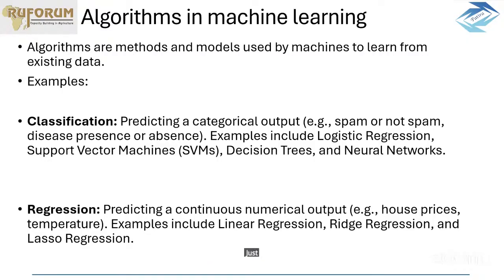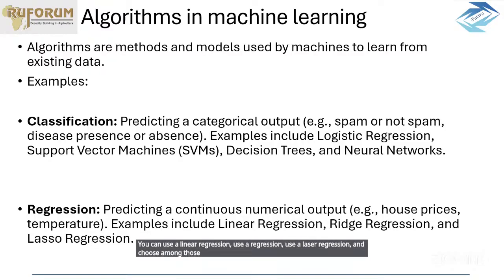Just because we chose to use linear regression does not mean that linear regression is the best algorithm for predicting continuous outcomes. You can use a linear regression, use a ridge regression, use a lasso regression, and choose among those which one performs best.